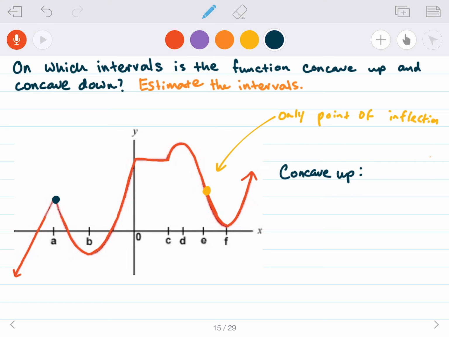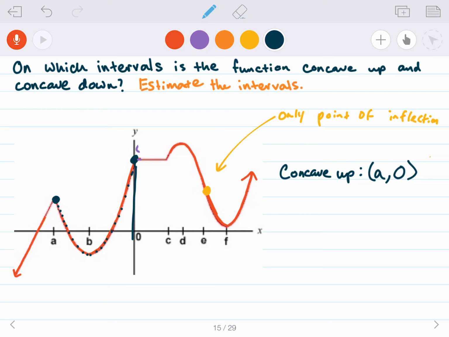And we follow this curve along, concave up, all the way until x equals 0, right? Okay, that looks good. Then we follow the curve along, and this is not concave up or down. This is just constant. We're not frowning or smiling. It's just constant from x equals 0 to x equals c.